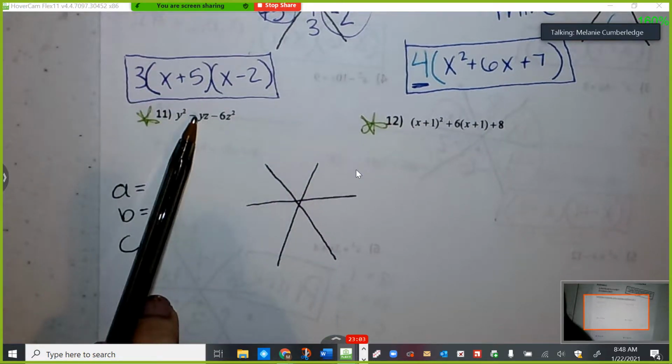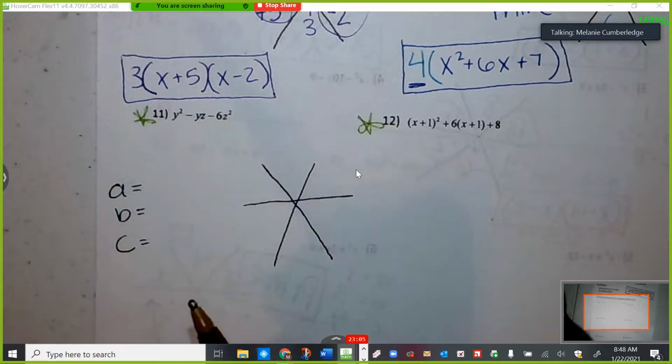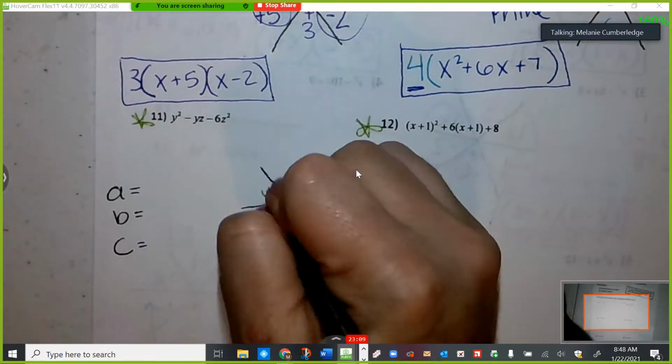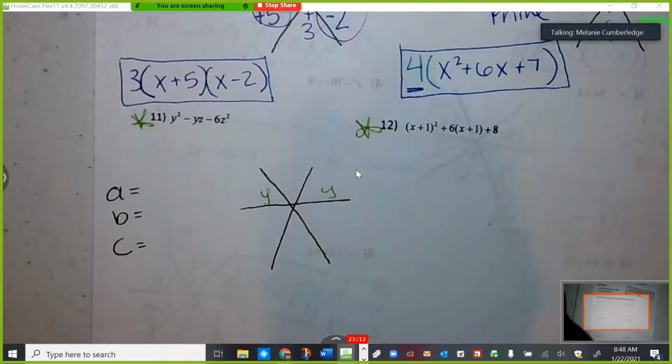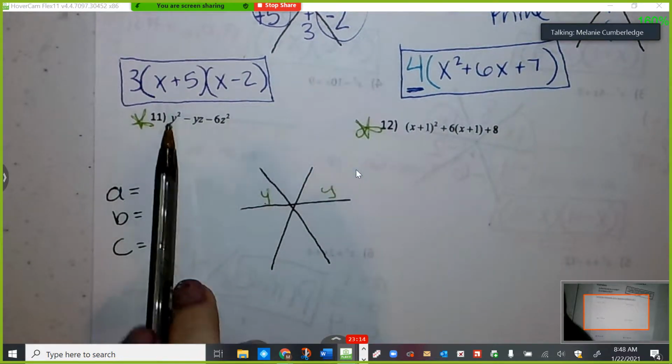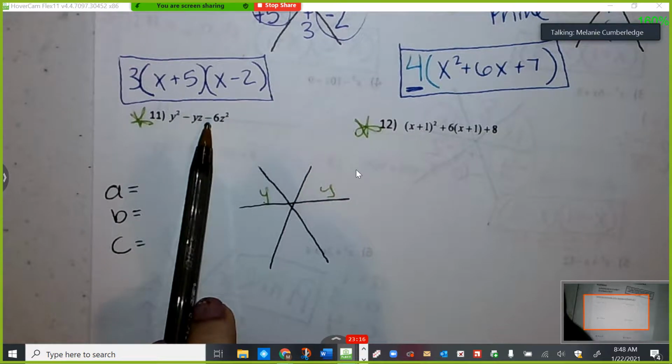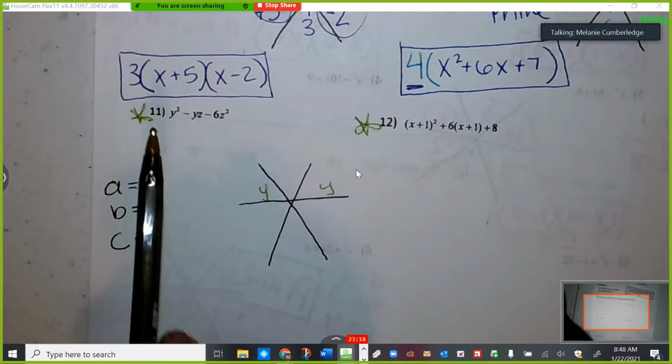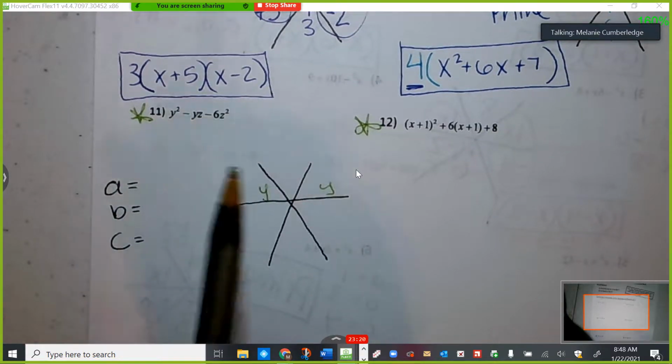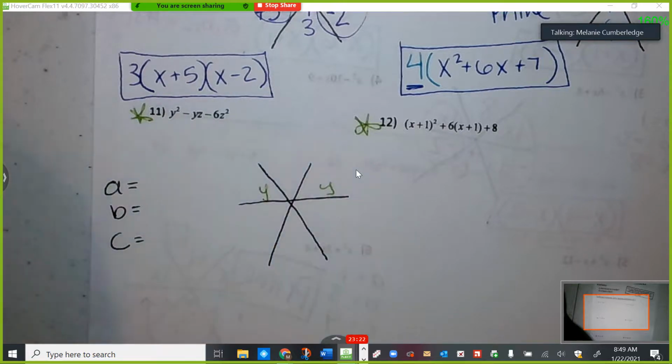Our main letter, I'm going to say, is Y. So we're technically going to put a Y here with our A because we have Y squared, and then we have a Y, and then we have no Y. Kind of like our AX squared plus BX plus C, right? So we're going to treat Z as if it is a number.